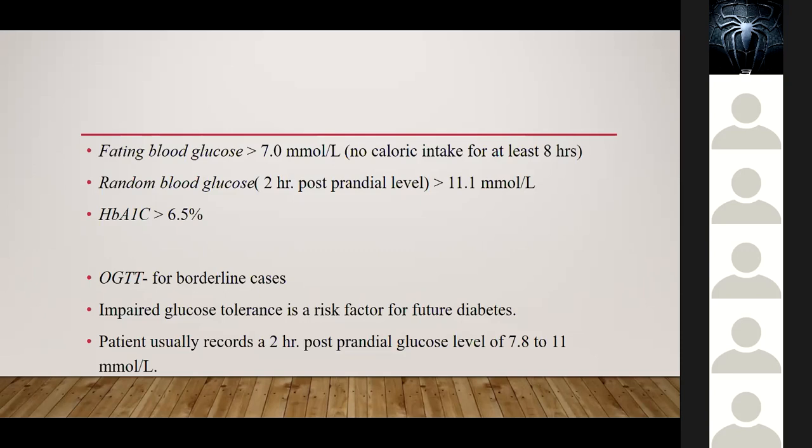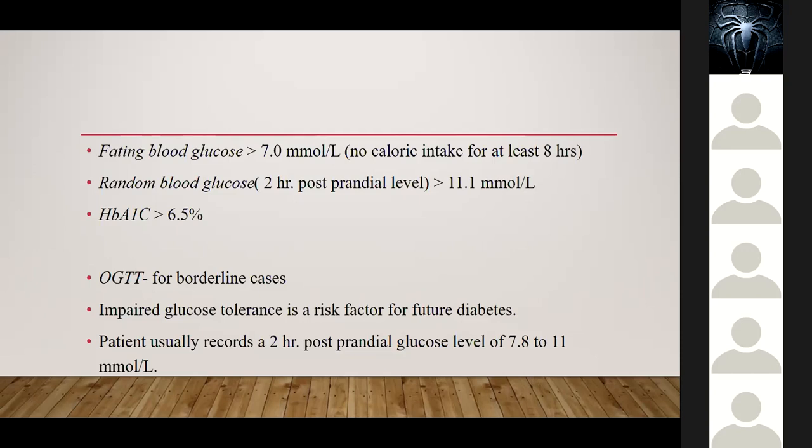Okay, we are saying impaired glucose tolerance is actually a risk factor for developing diabetes in the future. So usually when you are doing a 2-hour postprandial glucose test and you are getting about 7 to 11, you put this patient in the impaired glucose tolerance category, and do some further labs to be sure that the patient is not really diabetic.